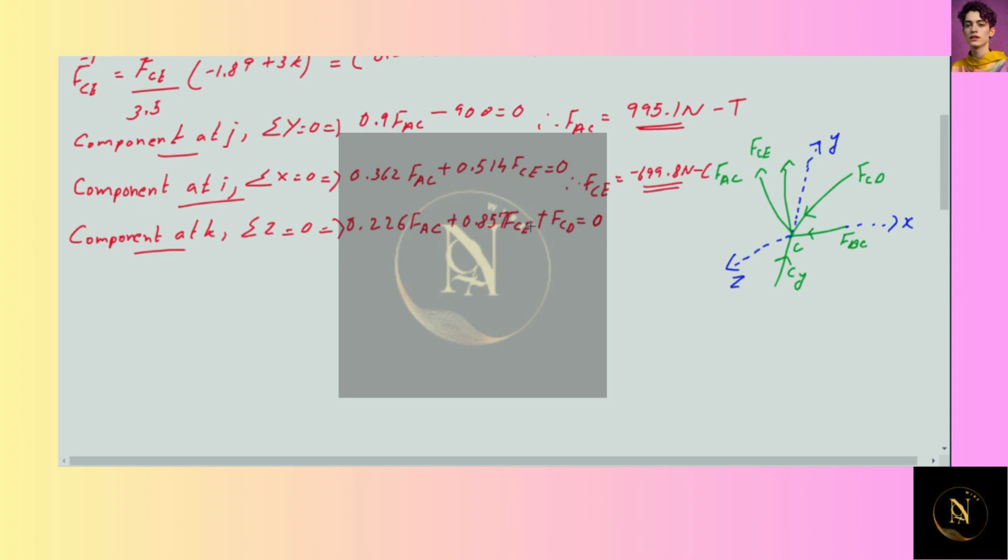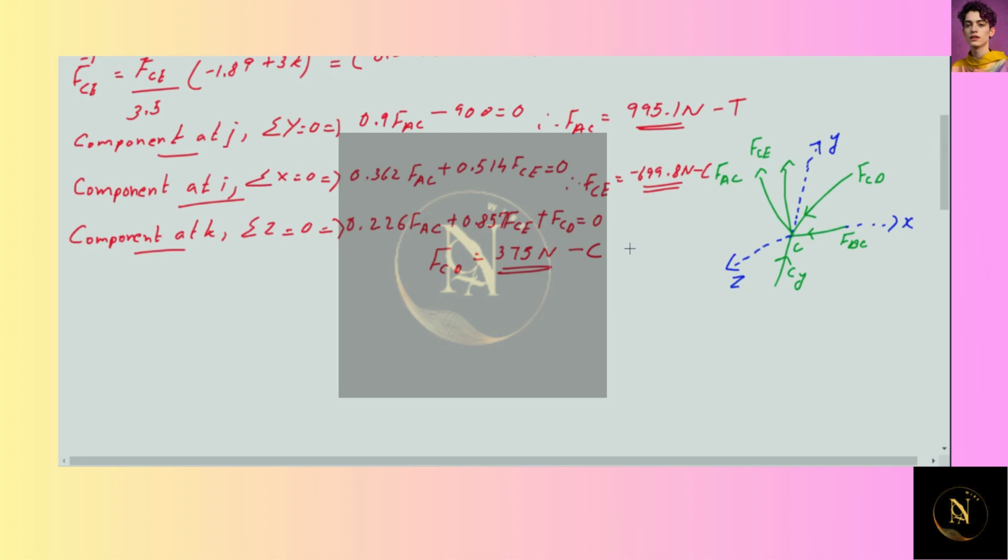So here substitute the value of FCE and FAC in this equation. That gives you the value for FCD, which will be 375 Newton. Actually, the FCD is going inward to the point C. So that creates compression. Let's denote it by the letter C.